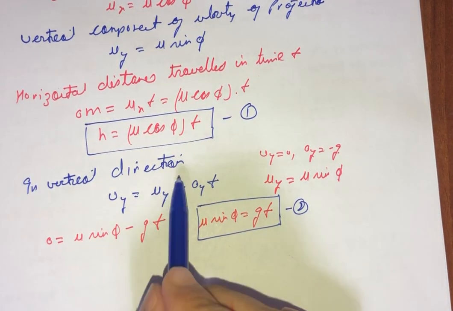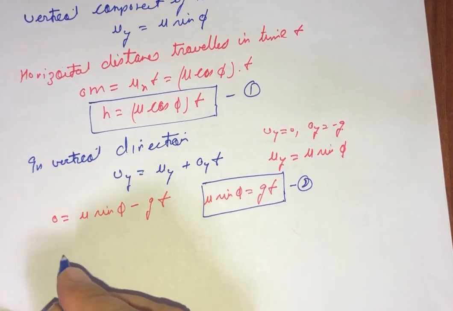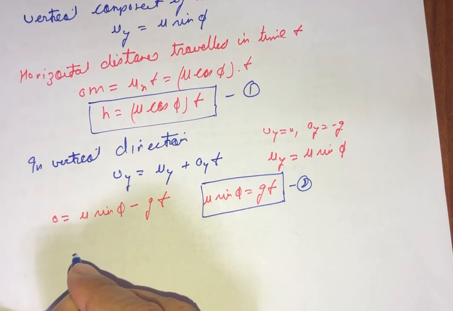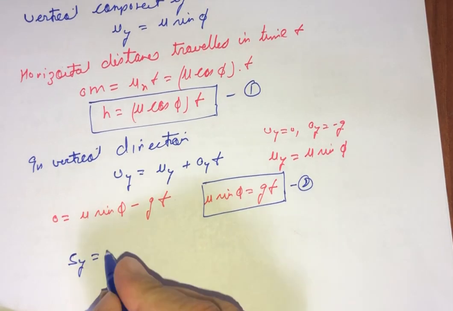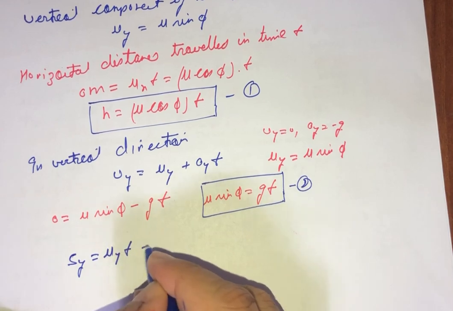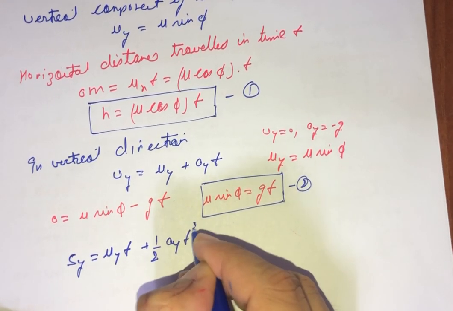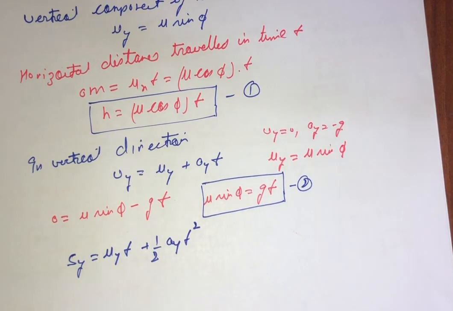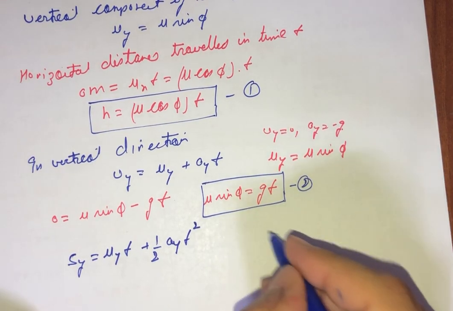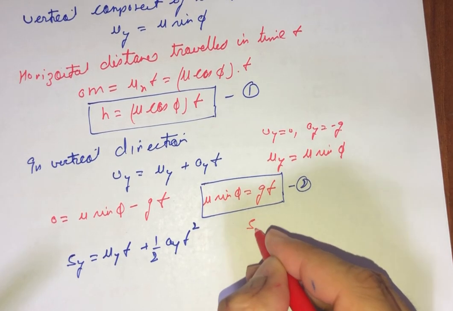Similarly, in the vertical direction, we can find out the distance traveled. So we can write sy is equal to uy t plus half ay t square, and the vertical distance traveled, sy, is nothing but h.